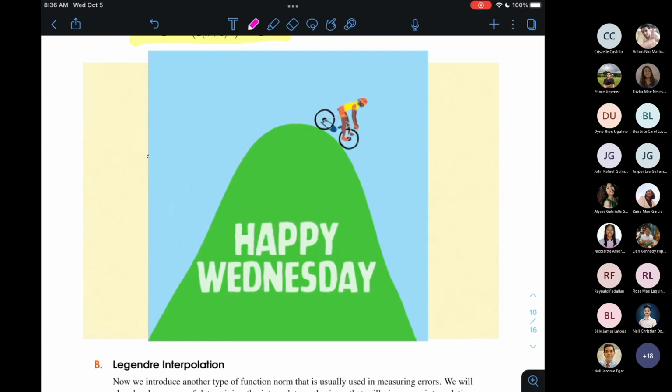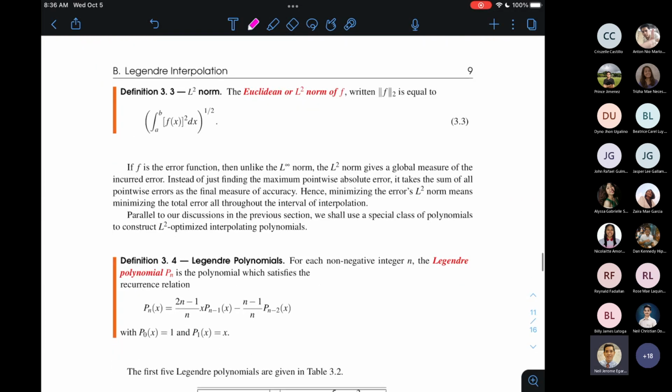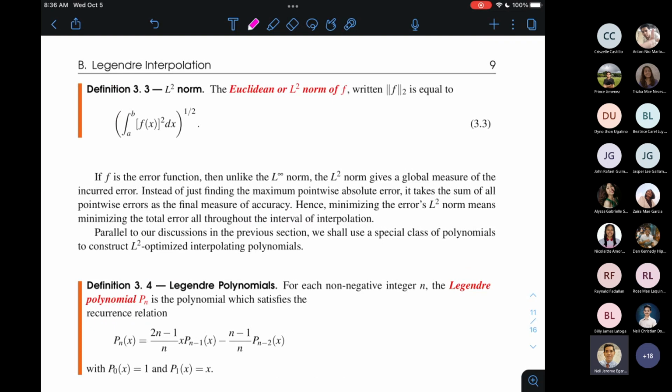Okay. So again, we first define what the L2 norm, or what we call the Euclidean norm, of a function f. So the Euclidean norm of a function f, denoted by f between two norm bars, ano? Tapos may subscript 2 lamang dito sa ilalim to denote the L2 norm.